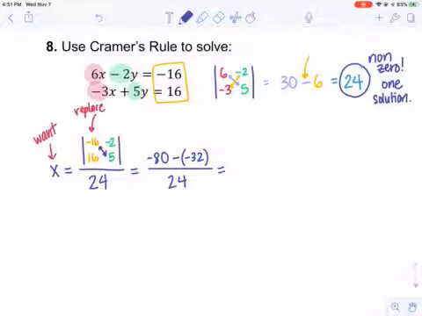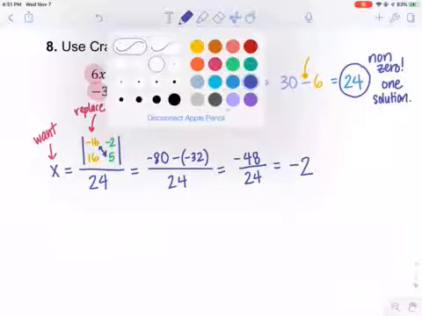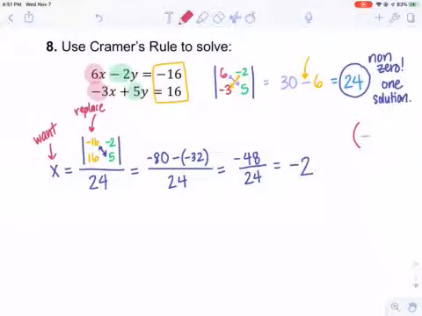We'll simplify that. So we have -80 minus -32, which is +32. So that's -48 over 24, which we can simplify to -2. So, all right, we've got one part of our ordered pair ready to go.